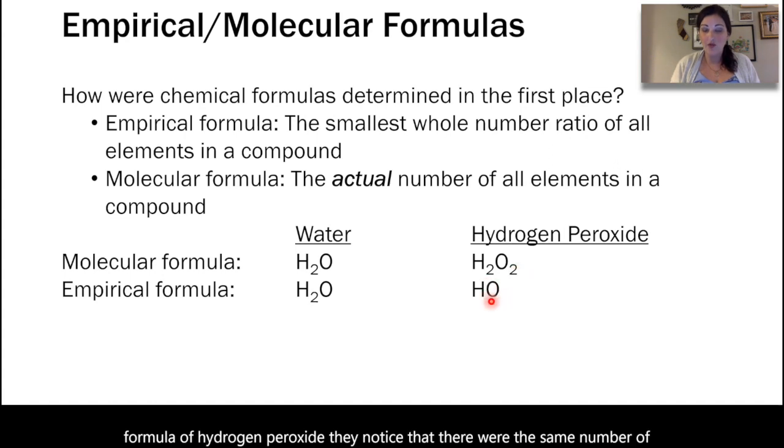A 1-to-1 ratio is the simplest whole number ratio that hydrogen and oxygen exist in. We needed to do another experiment to figure out what the actual molecular formula is. So again, empirical formula is the first step to figuring out what the molecular formula actually is.